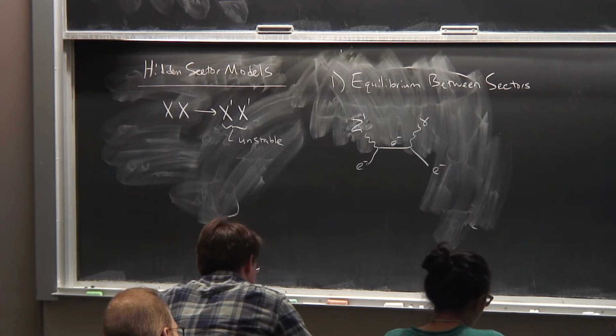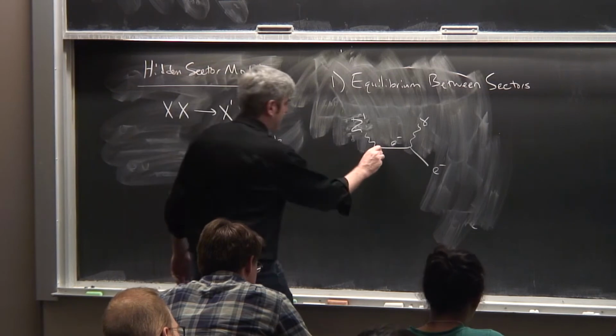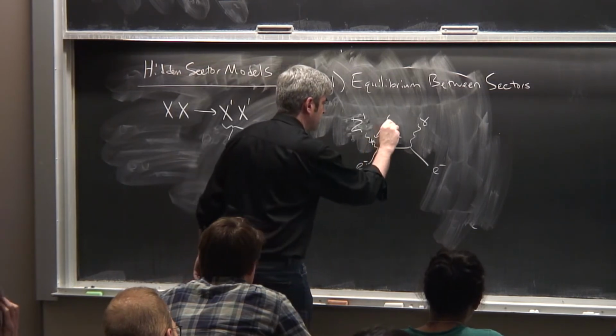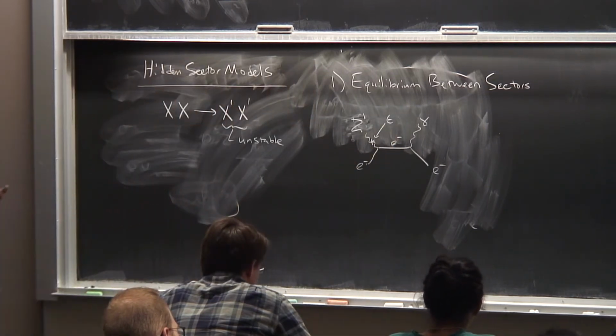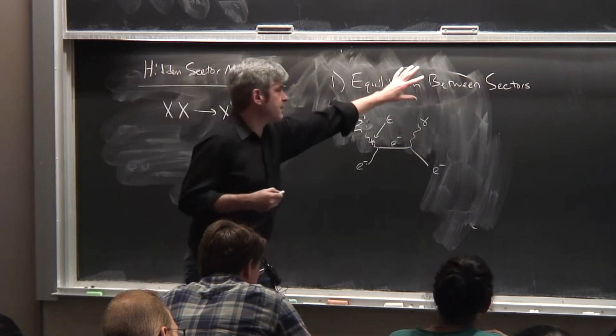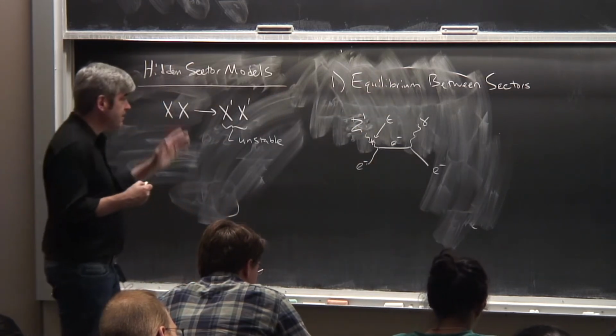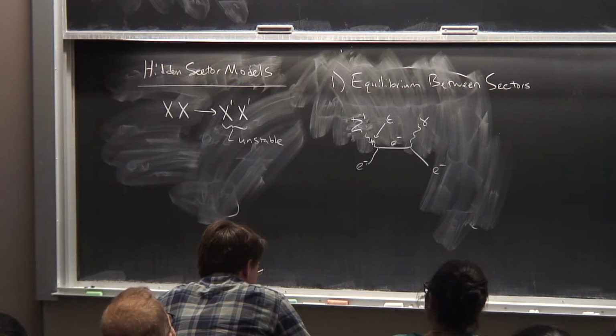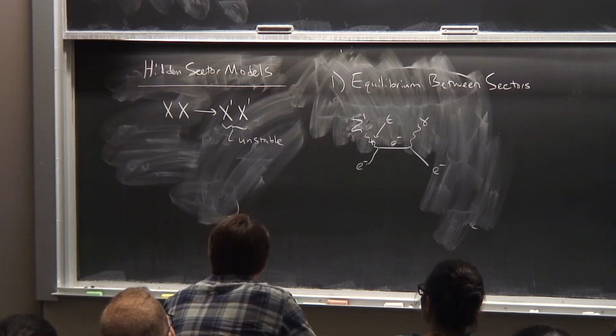Now, you might think that I'm cheating here by writing this diagram, but here I have in mind some sort of small parameter epsilon, which describes the kinetic mixing between the hidden photon and the Z prime. And as long as that's not tiny, they'll generally be in equilibrium, and we'll live well within this limit. If that's the case, what can we say about the annihilation cross-section of the X?